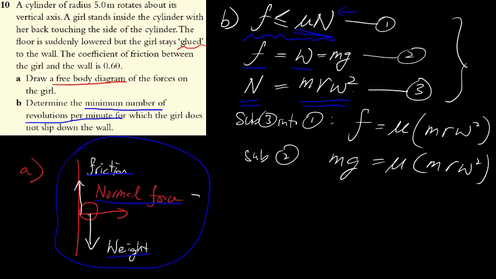After that, you combine all these three equations, and you will find that the m cancels out on both sides.